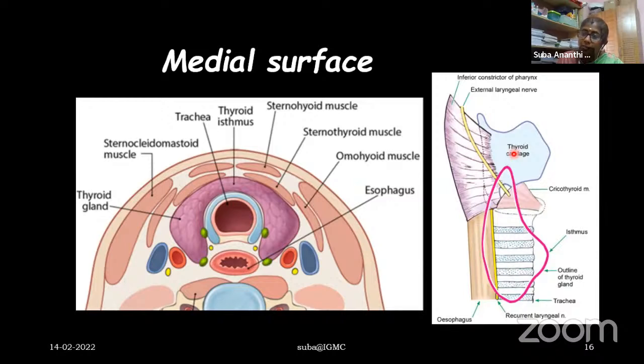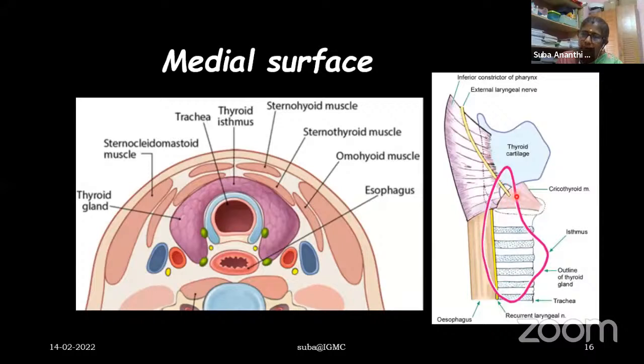We have two muscles related. Definitely these two muscles should be related to these cartilages. We have the cricothyroid muscle, and this cricothyroid muscle is supplied by the external laryngeal nerve. We have the inferior constrictor of the pharynx, which is attached to both the cartilages, thyroid and cricoid.